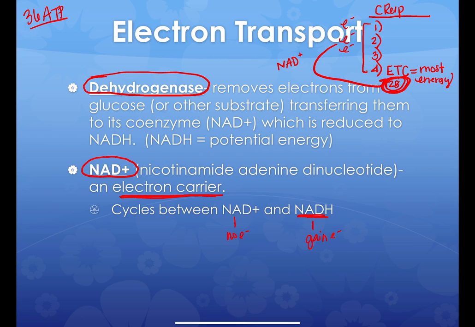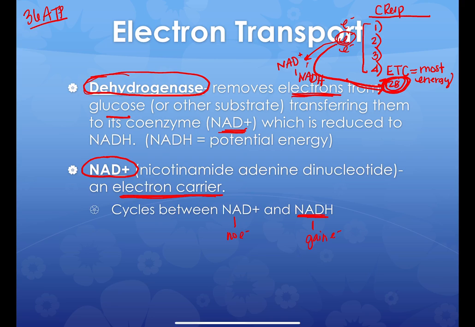And so it helps pick up those electrons from glucose or another substrate like a lipid and transfers them to NAD. Okay, so dehydrogenase is involved in transferring the electrons to NAD, which forms NADH and takes them to the electron transport chain. Okay, NAD picks up electrons and becomes NADH. Dehydrogenase is just an enzyme that allows it to do that.